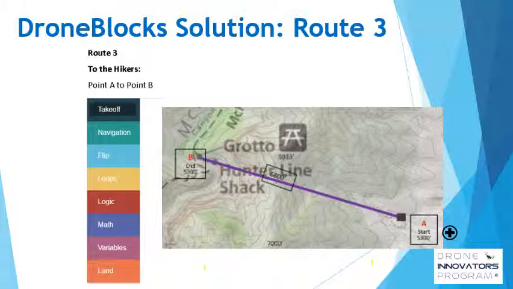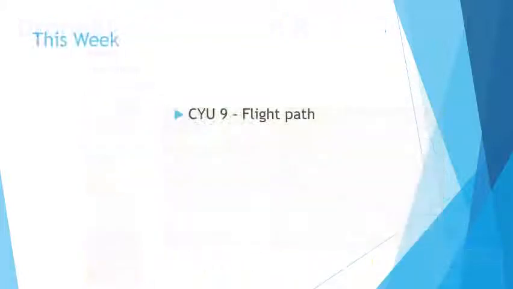There are actually a couple of ways that we can fly this drone, and we want to think about the best way to save on battery, the best way for the expertise of our pilot, and so on. So this week is about flight path, and that will be your CYU 9.